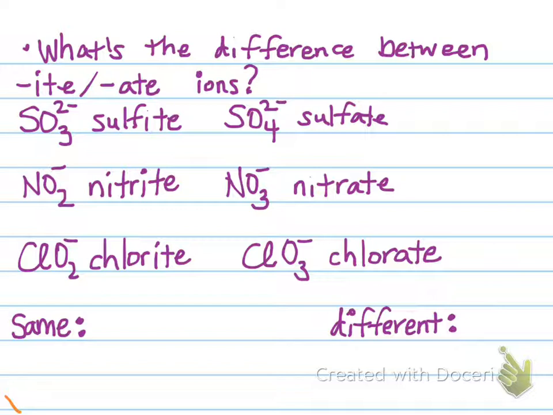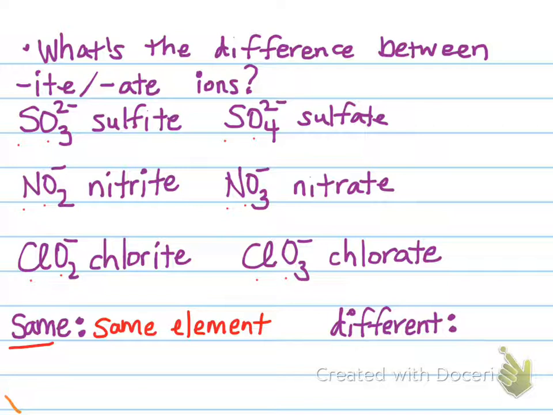What's different? So notice what stays the same. I have the same elements every single time. Sulfur, oxygen, nitrogen, oxygen, chlorine, oxygen. So in each of these, I had the same elements.